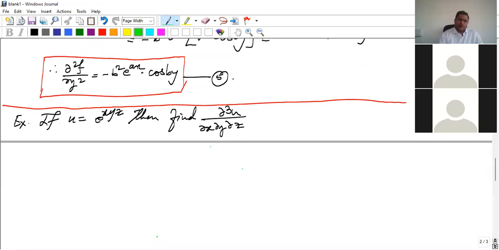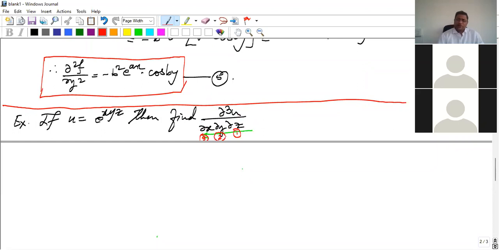While finding this derivative, I have given you the idea of how to find it and the order to be used. First step, we find the derivative with respect to z. Second step, we find the derivative of that with respect to y.